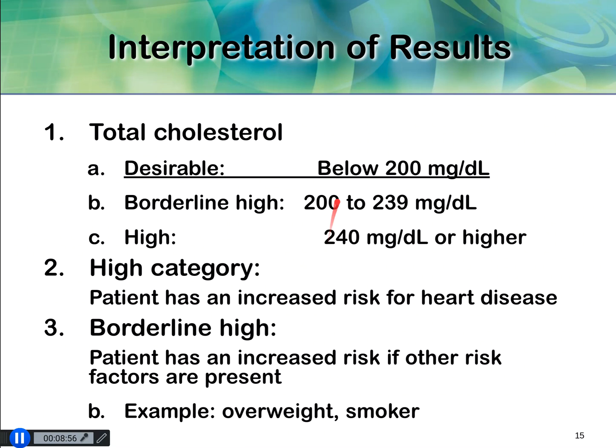Desirable is below 200 milligrams per deciliter, 200 to 239 is considered borderline high, and over 240 is high.